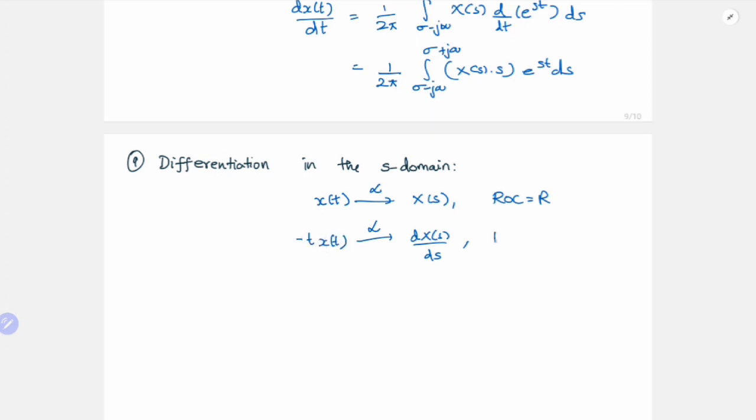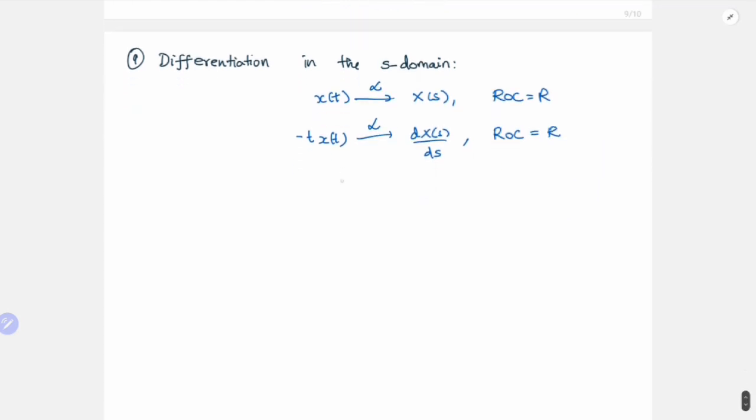We'll derive this. But what do you think my ROC will be? My ROC is actually determined by the poles, and when you take the derivative, the poles will not go away. So my ROC will still be R, with the same set of poles. Maybe if you take 1/(s+2), it will become 1/(s+2) whole square, right? The pole is getting doubled, but still it is in the same location. So my ROC will still remain the same.